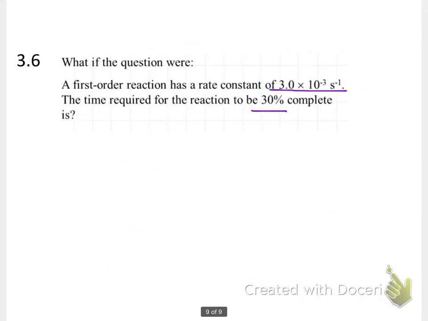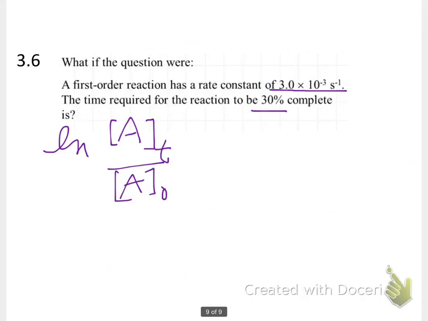And here's some pretty good reason for you to remember this law, because it's not on the equation sheet as such.